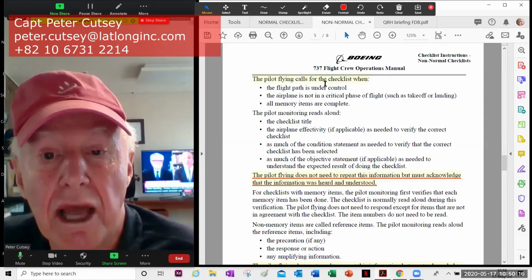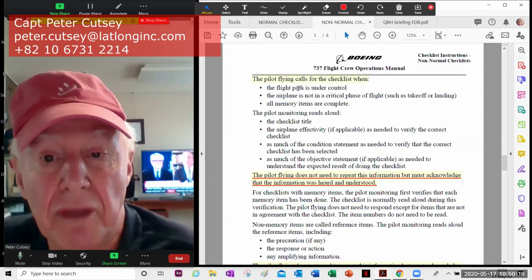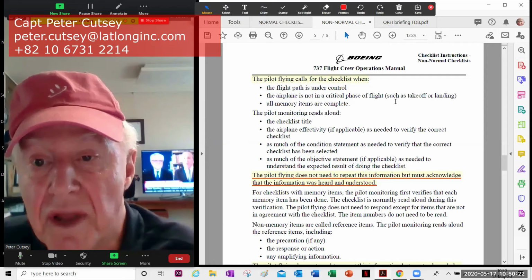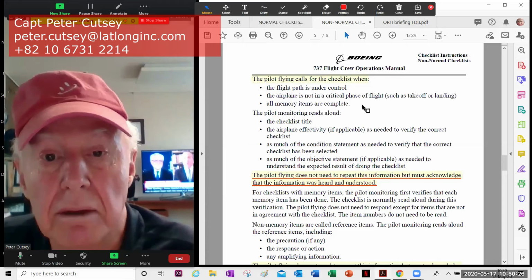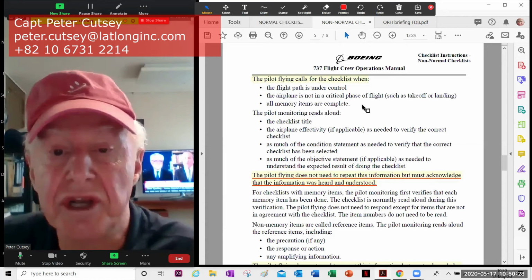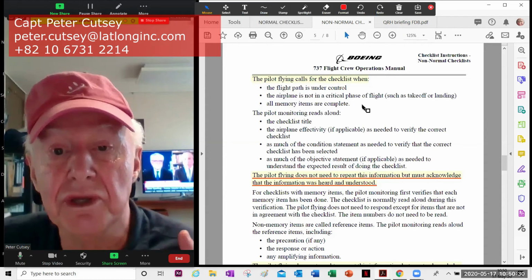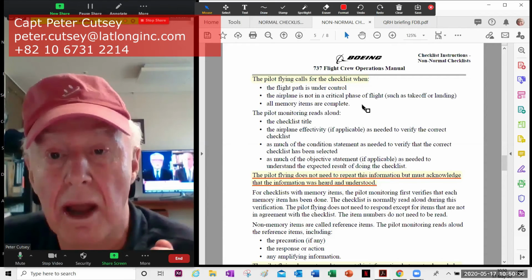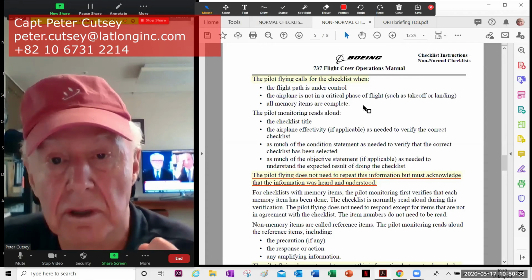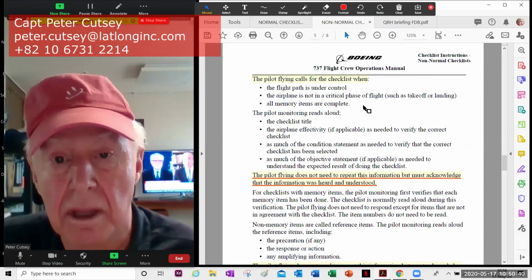The pilot flying calls for the checklist when the flight path is under control, the airplane is not in a critical phase of flight, such as takeoff or landing, and all memory items have been completed. Worst case scenario, right after takeoff, you don't do any memory items until 400 feet and the aircraft is fully under control. 400 feet is just a minimum.